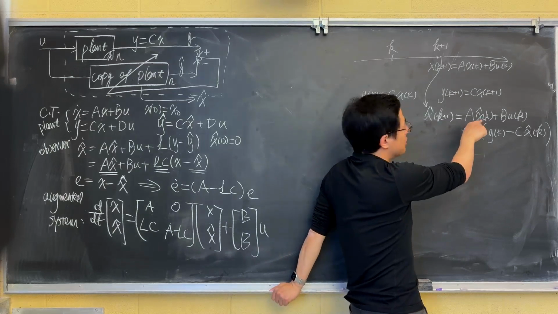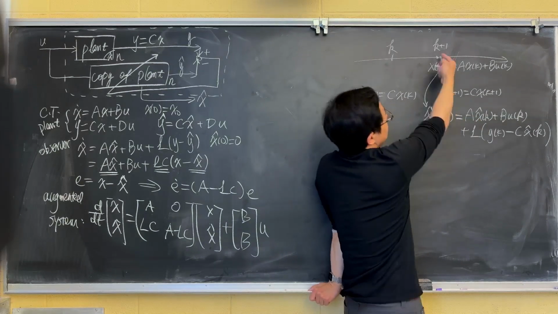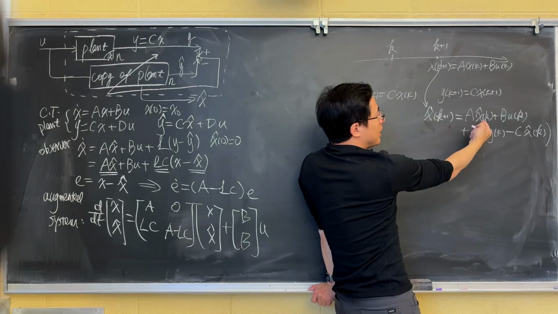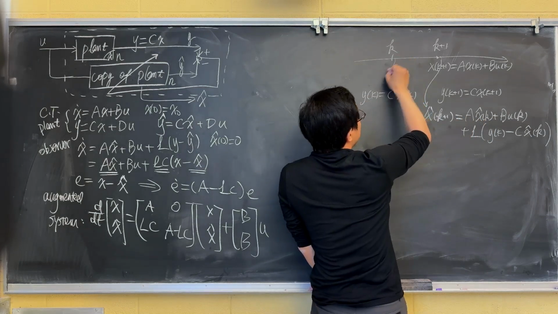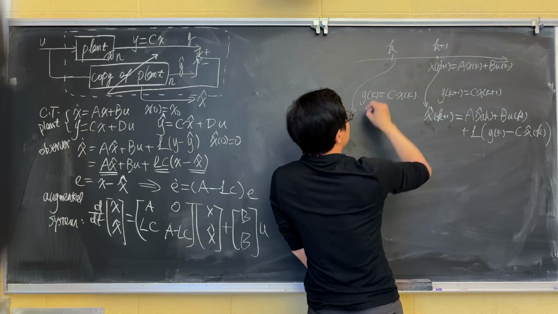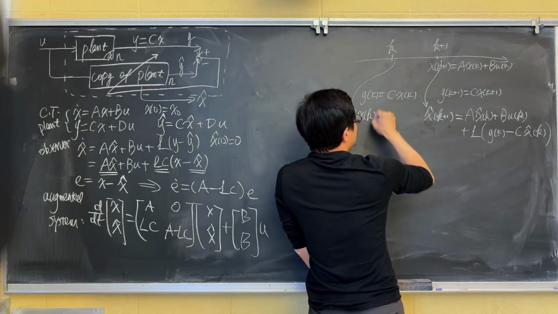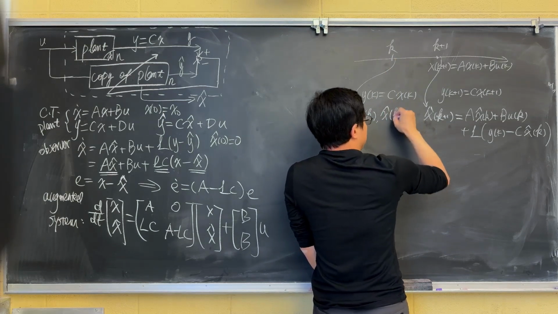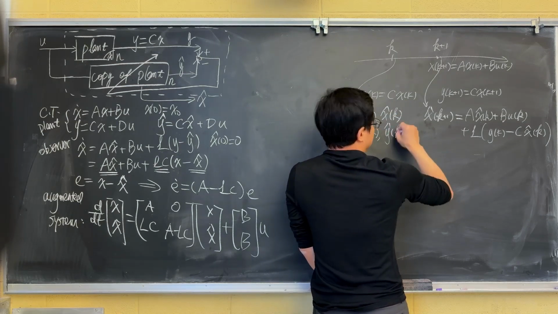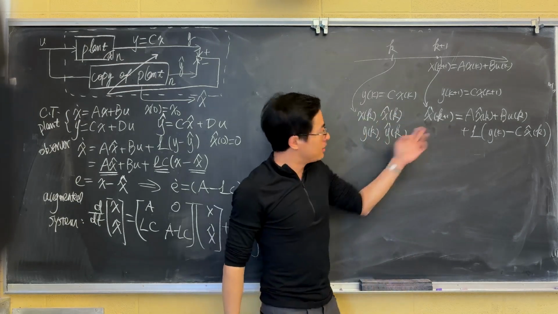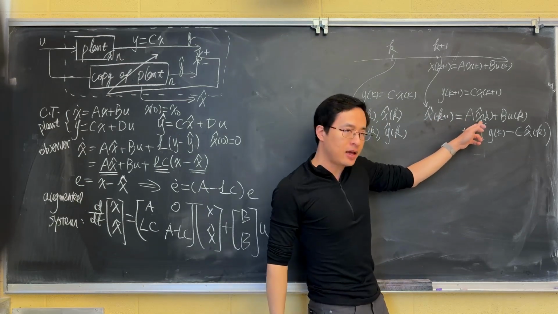Let's check the signals. At this time, right here, I have x hat k, right? X hat k was computed here. So at this time, we get xk, we get x hat k, we get yk, and we actually also get y hat k. So I have x hat k, no problem.